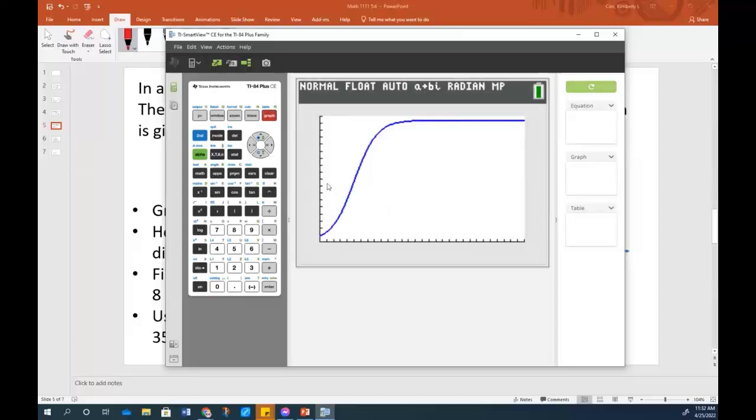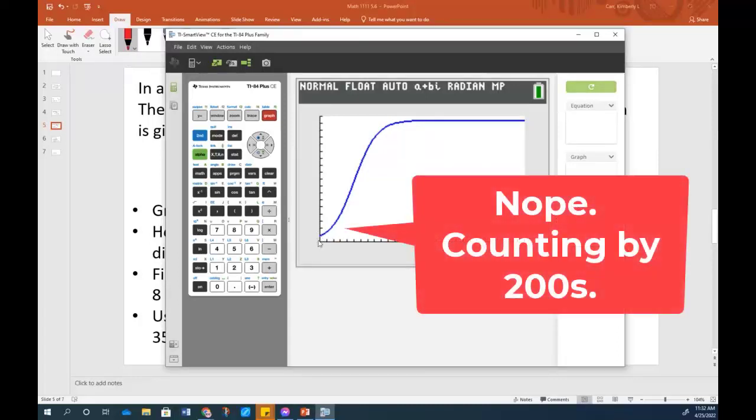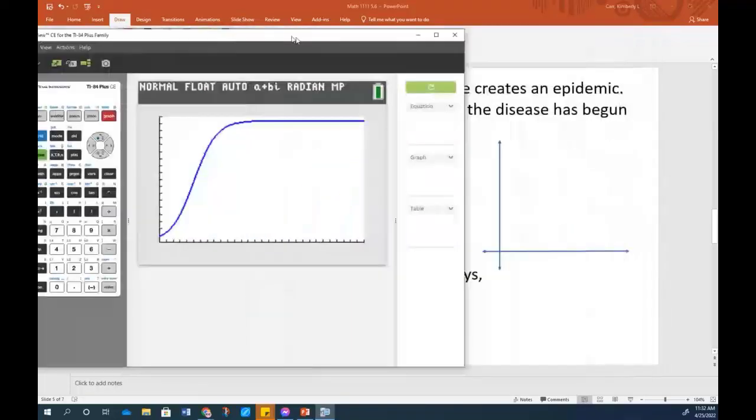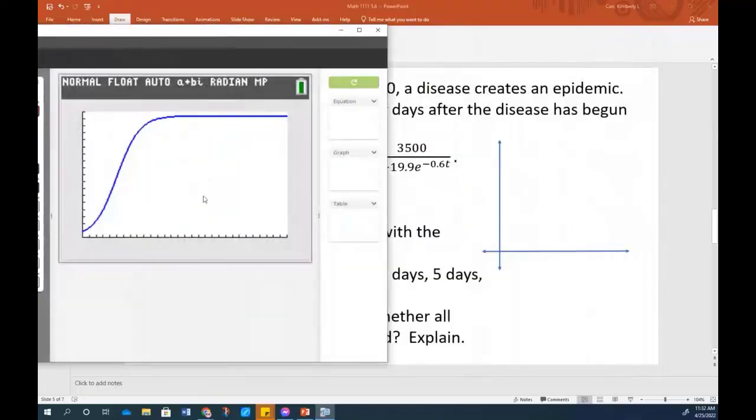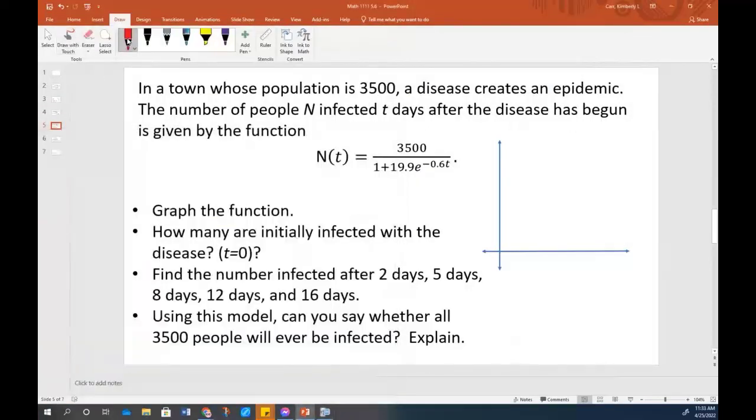Okay, now remember, I went up to 3,600, that's why you're seeing it right here. And I was counting by 100s, so it looks like it's starting at about 100, but I don't know for sure. But that's the shape of the graph, and that is what you should expect the logistic functions that have that limiting factor to look like. They're all going to come over and go up and then level off.